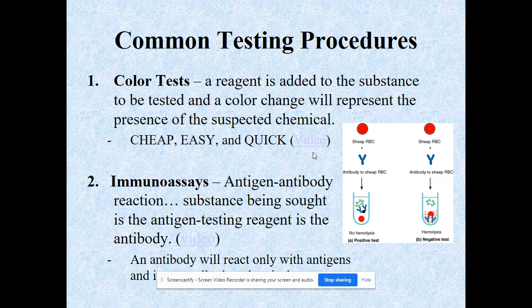Next is the immunoassay testing, which is done for more biological substances because it is an antigen antibody reaction, which means it's protein based. You have antigens, which are on the surface of your cells, and antibodies, which are proteins out in the blood plasma.